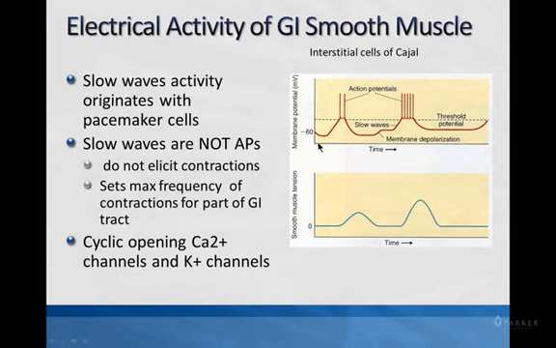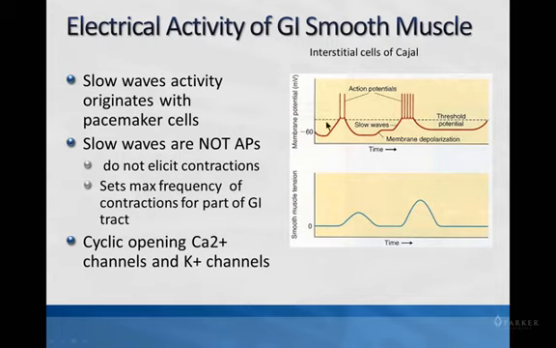Now the slow waves, the activity of these slow waves, originates within pacemakers. So remember, smooth muscle is myogenic, like cardiac muscle. The electrical activity originates within the muscle itself.